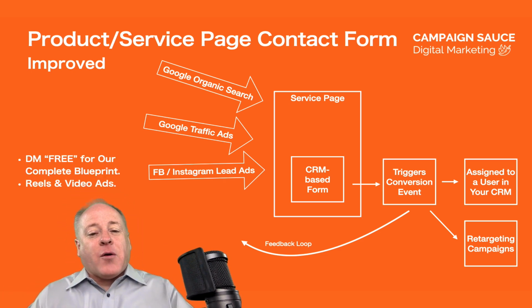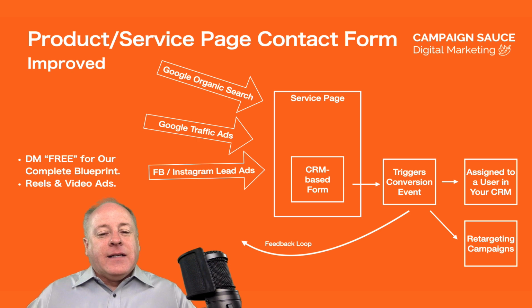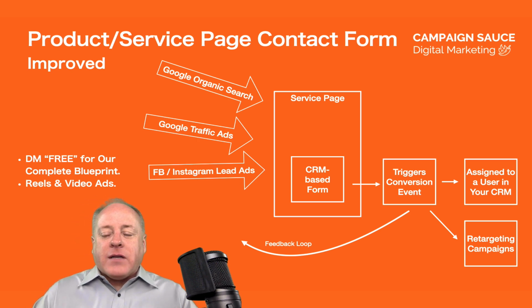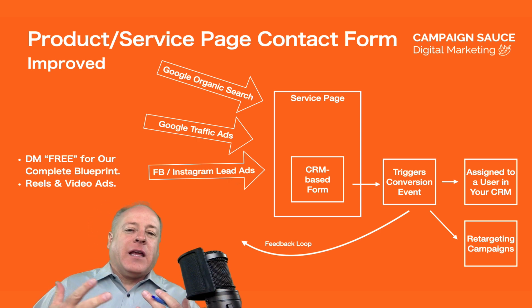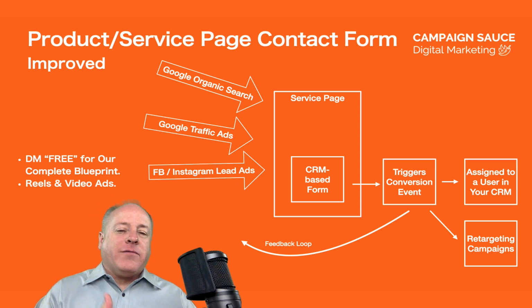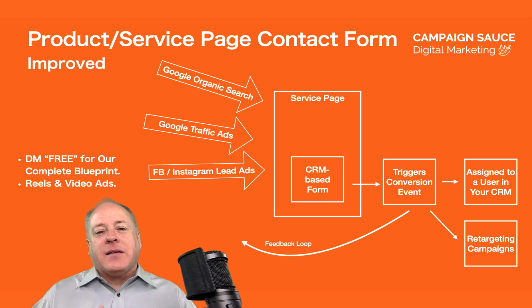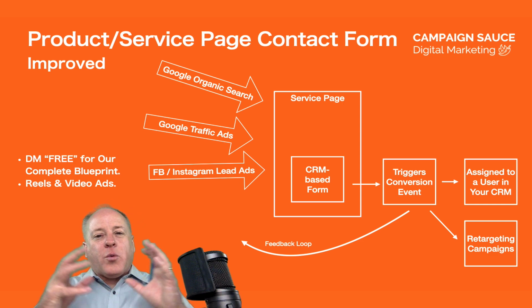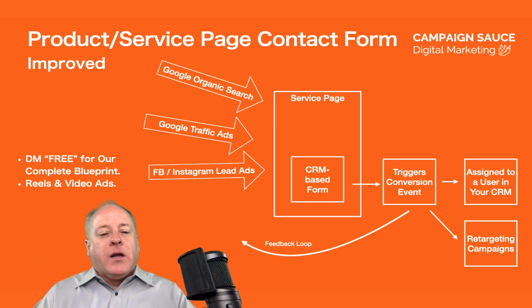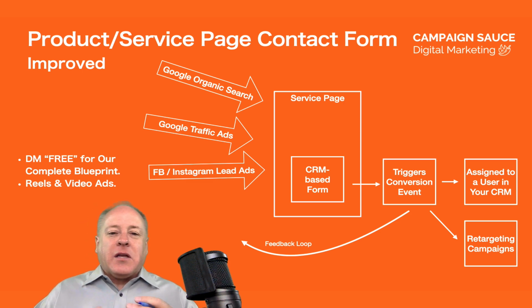What's really nice about running Facebook or Instagram ads, you've seen these before, especially on Instagram where a lot of people are these days, you can run a campaign that says, hey, don't click a link and go out to my page, just DM me, send me a direct message, put the word free or whatever, some kind of code word. And then the automation kicks in in the background so that you end up getting the thing, whether it's the blueprint or the checklist, whatever the thing is. You get the freebie.